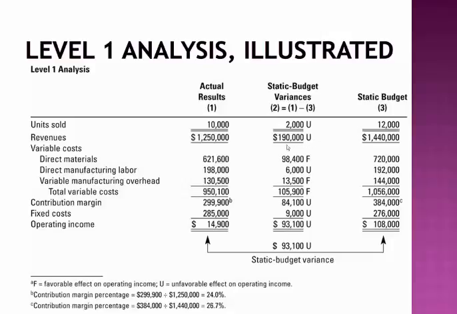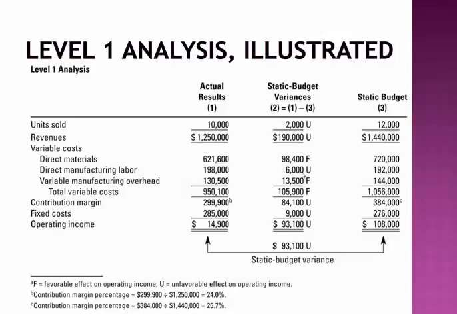Our direct materials, we've got $720,000 expected on that master static budget, and our actual is $621,600. That's a difference of $98,400. It's a cost or an expense. This number is smaller than this number, therefore it is favorable. $192,000 versus $198,000.